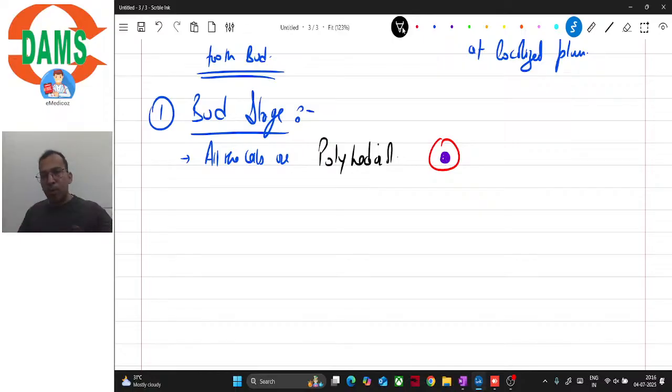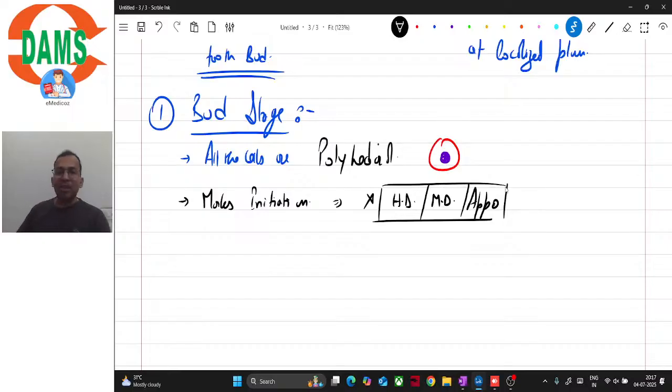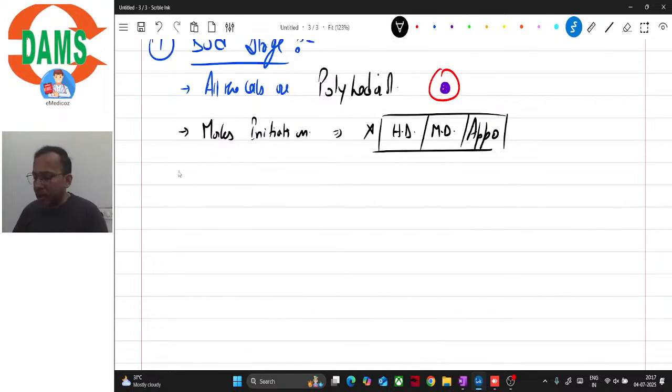If we talk about the functional stages, the bud stage marks initiation, but so far there is no histodifferentiation, morphodifferentiation or apposition. Just the initiation. What else can we notice here?